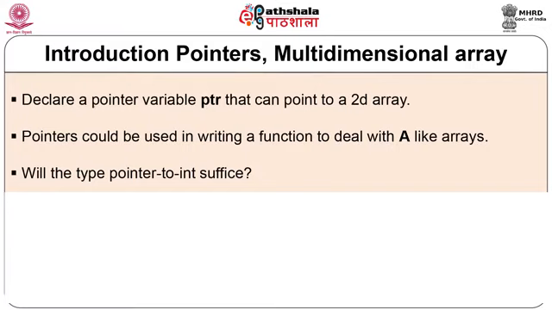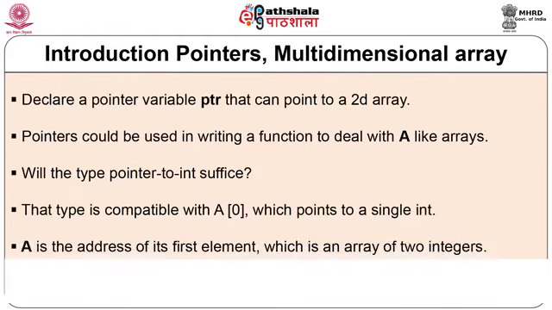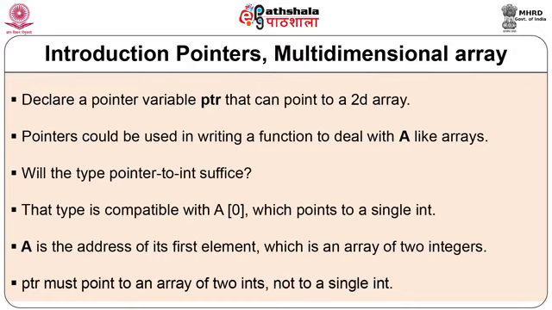The answer will be no. That type is compatible with A[0], which points to a single integer. But A is the address of the first element, which is an array of two integers. Hence, the pointer must point to an array of two integers, not a single integer.